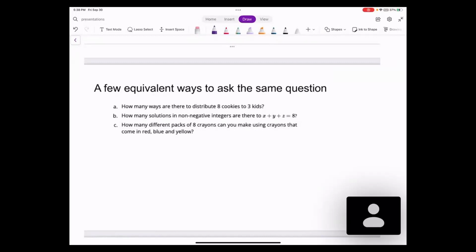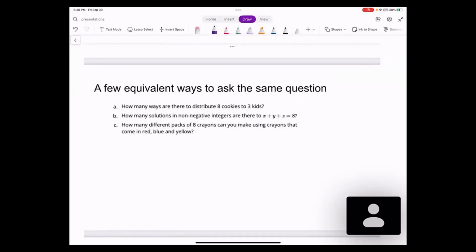For example, if we have 8 identical cookies and we're distributing them to 3 kids, then we can consider the cookies as the balls and the kids as the bins. So this one just uses our formula from before.